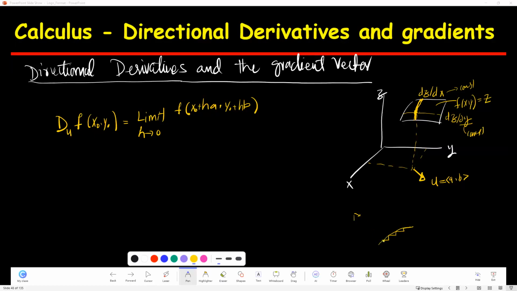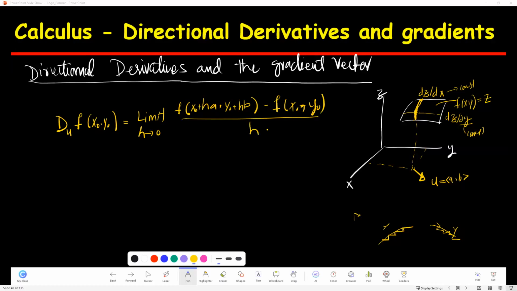So if you have a curve, you're going a little bit in X, and in Y, you're going a little bit on Y. So this is Y and this is X. This is exactly what we're doing here. Minus the function f of x naught comma y naught, divided by h.